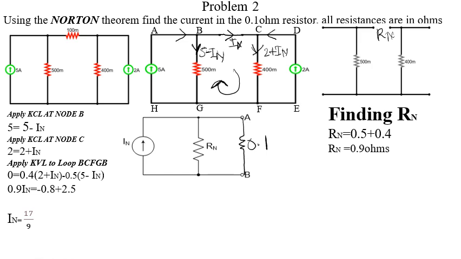We now find the current through that resistor. We know here we got 17 over 9, and RN was 0.9.